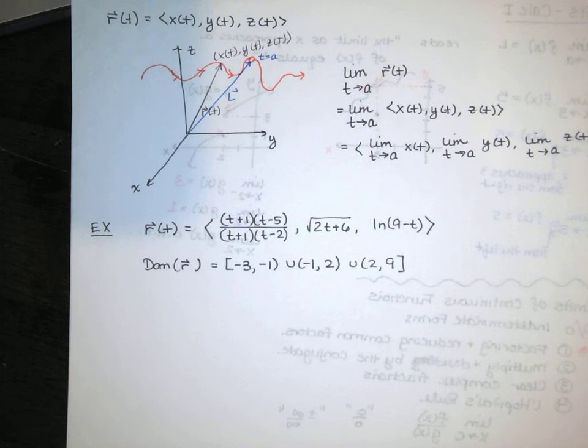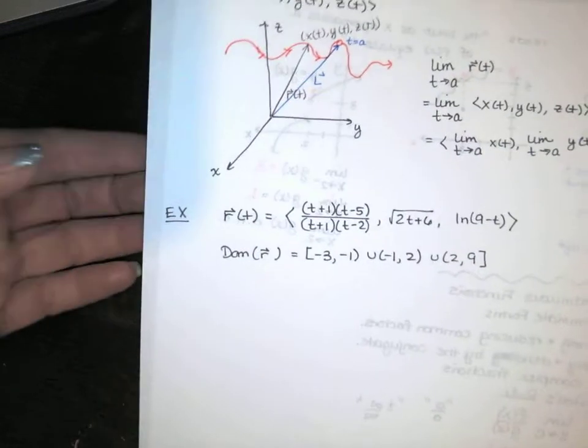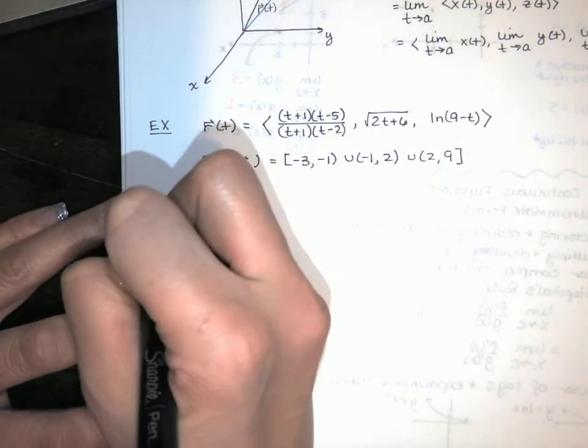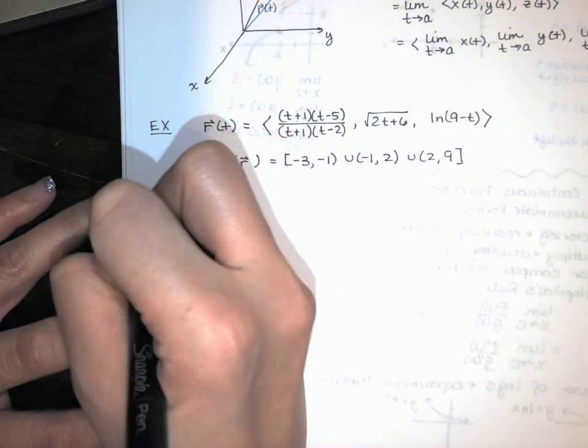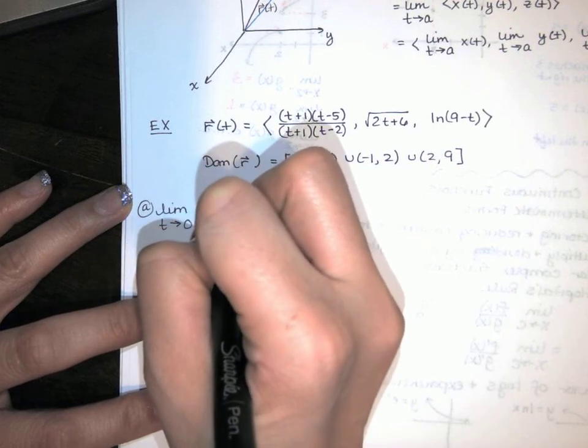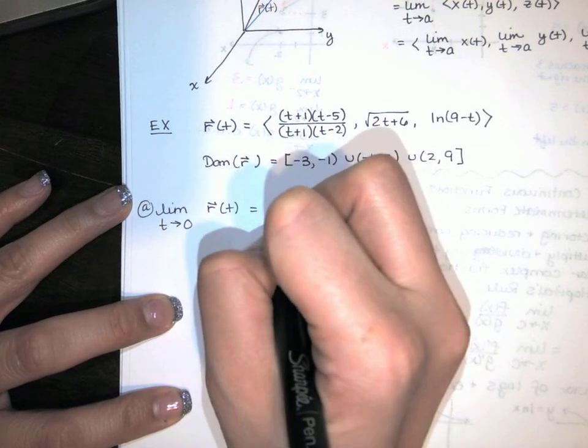So now let's say we want to take the limit of this function. Let's plug in 0, just to do a simple case. So the limit as t approaches 0 of r of t is this.